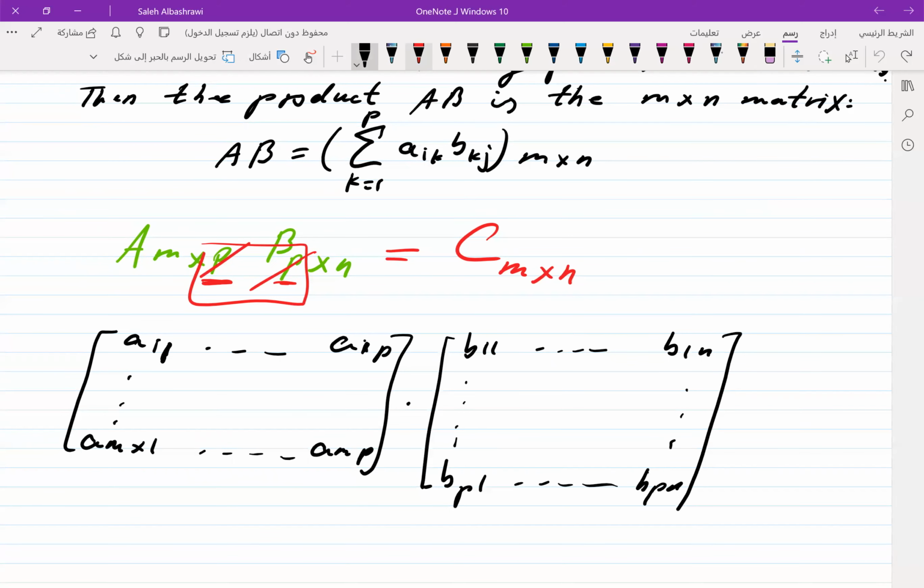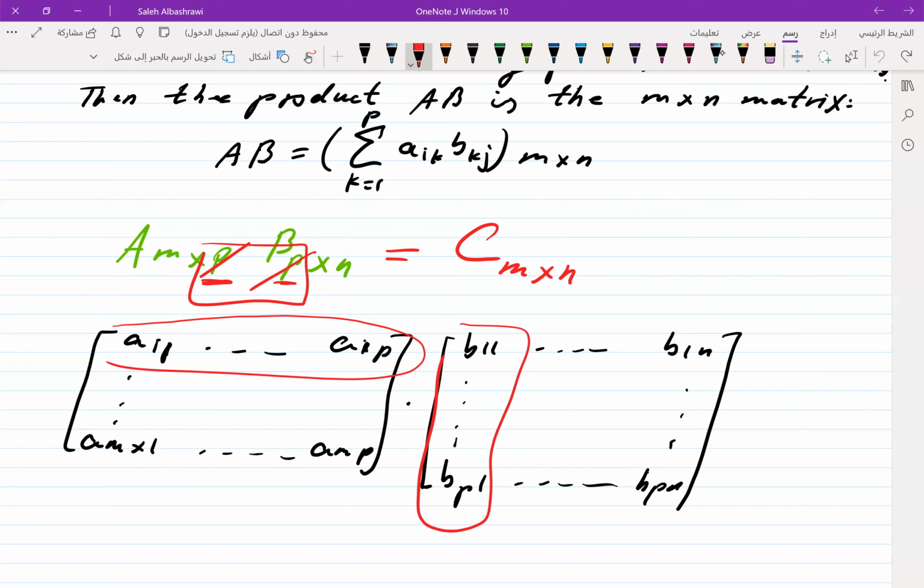The matrix multiplication is to multiply the rows with the columns. This will give me the first element. It's going horizontally, this row multiplied by the column.